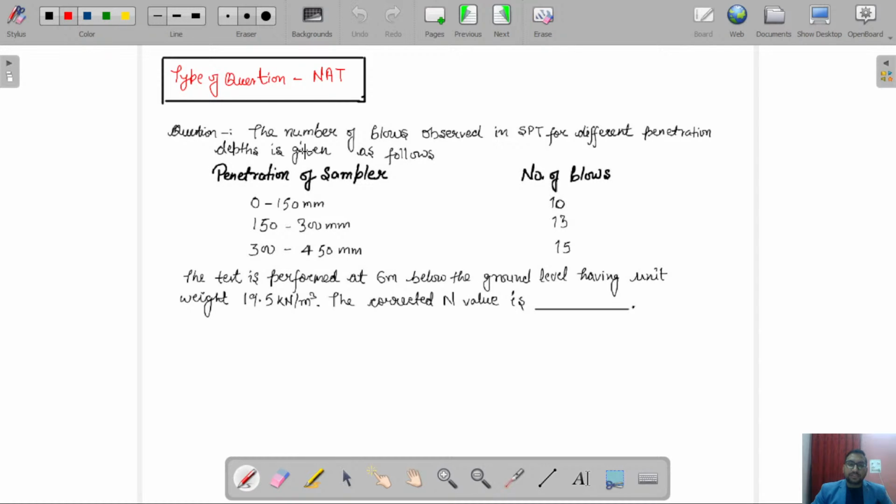For first 150 mm, the number of blows are 10. For next 150 mm to 300 mm penetration, the number of blows are 13. And from 300 to 450 mm, the number of blows are 15. The test is performed at 6 meters below the ground level, having unit weight of 19.5 kN per meter cube. What is the corrected N value?